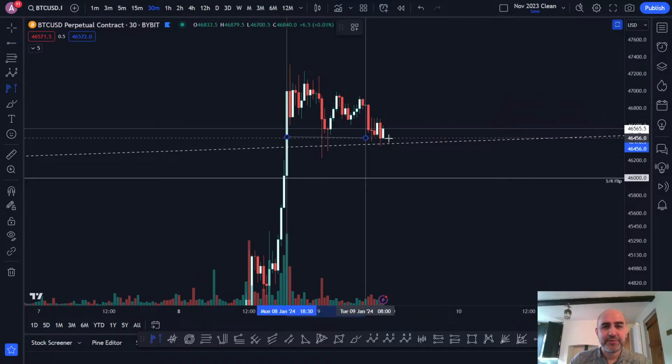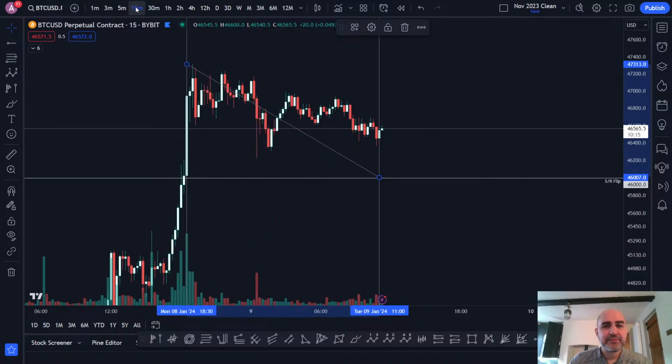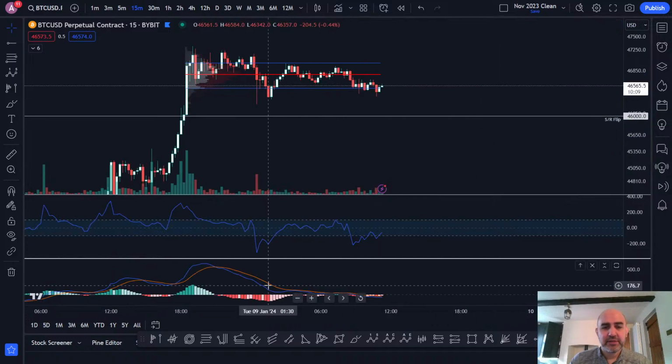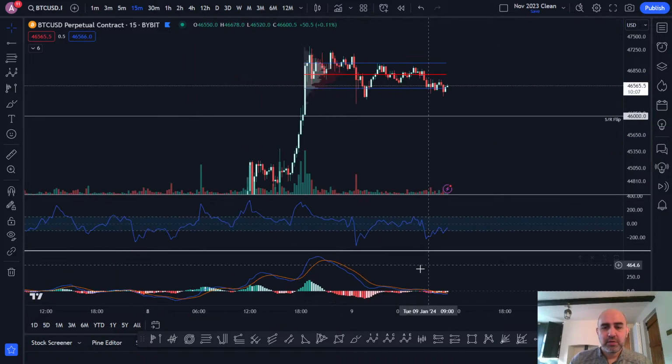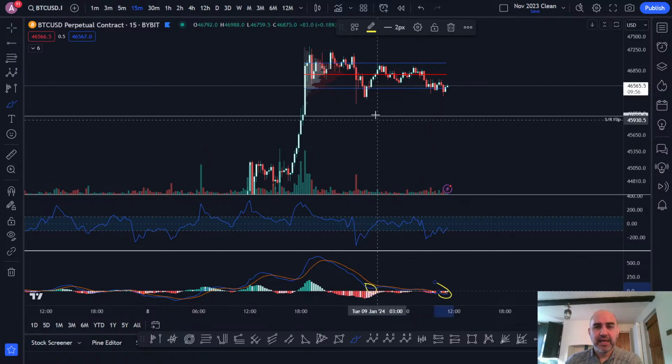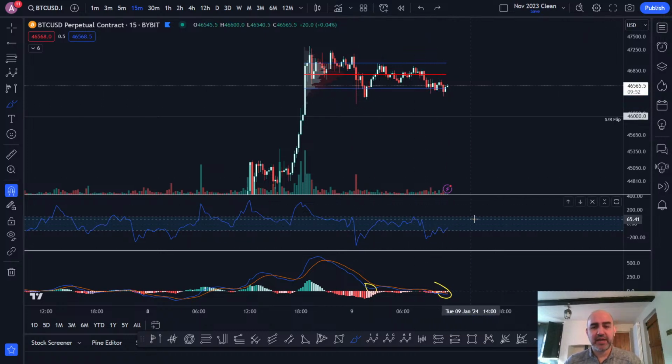Let me see what the volume is like now. Go to the 15-minute chart. Yeah, it's just forming right now. Well, the MACD is showing bullish divergences. Yeah, the way you can see that is you're making lower lows and you've made higher lows here. So that's called divergence.